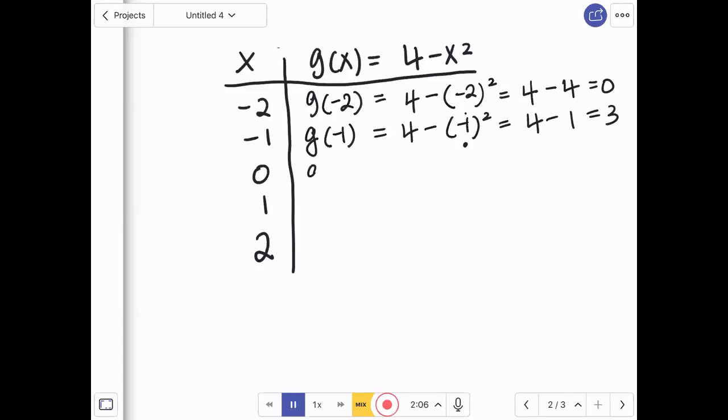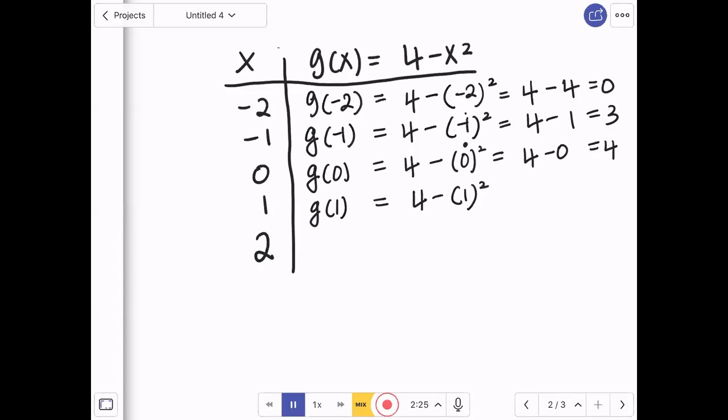I'm going to continue working on each x value. For 0, 0 squared, and 4 minus 0 is 4. g of 1 equals 4 minus 1 squared, which is 4 minus 1, 3.